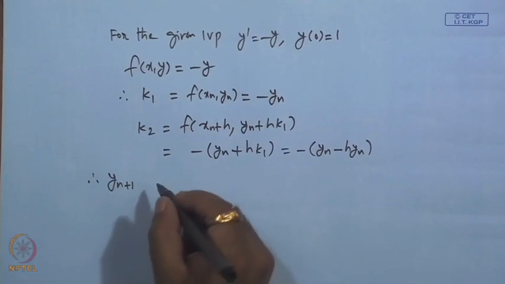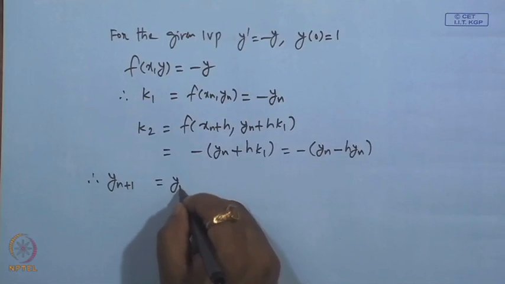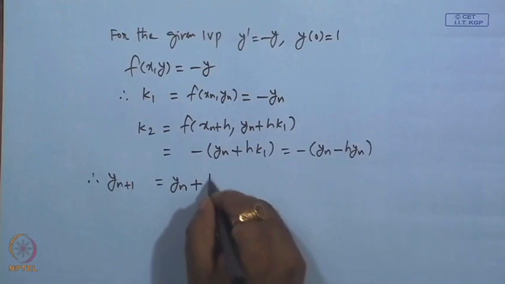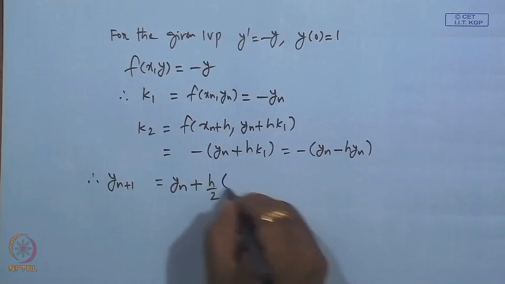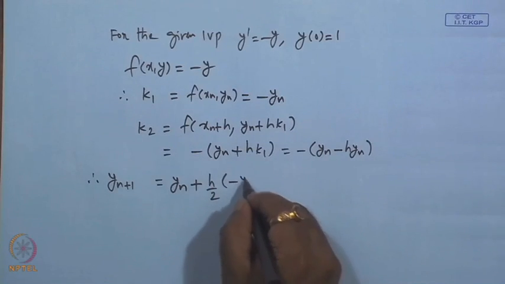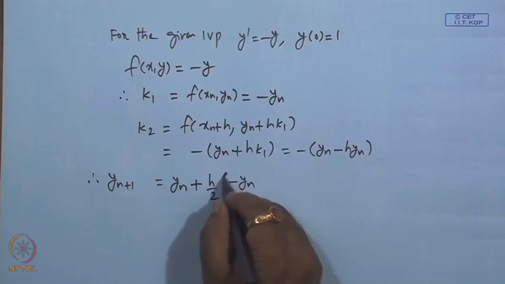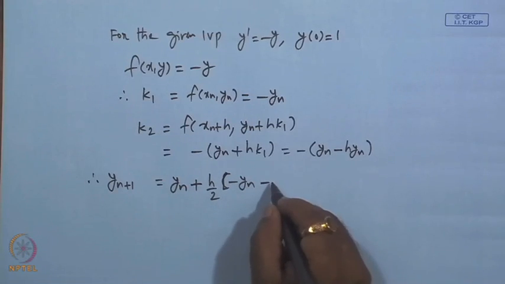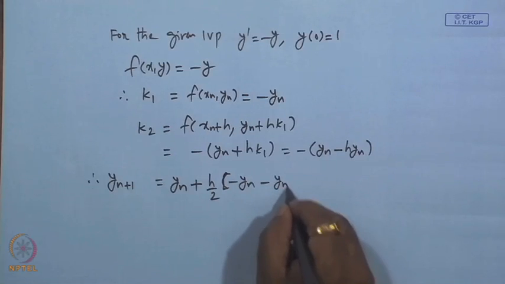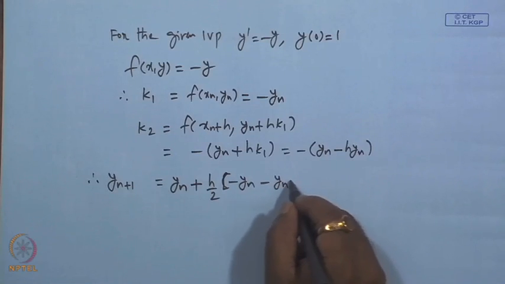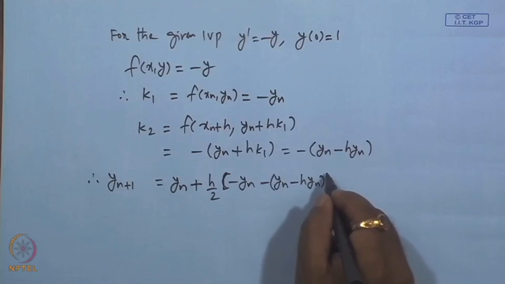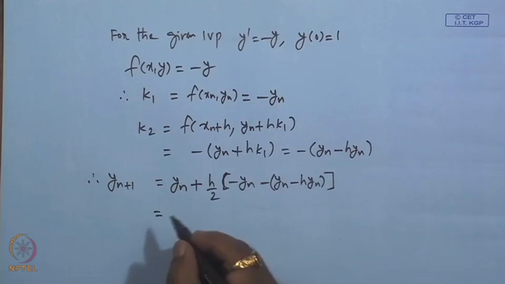Therefore, y n plus 1 is y n plus h by 2, k 1 plus k 2. So, minus y n minus h y n.